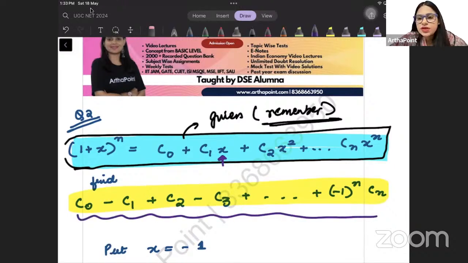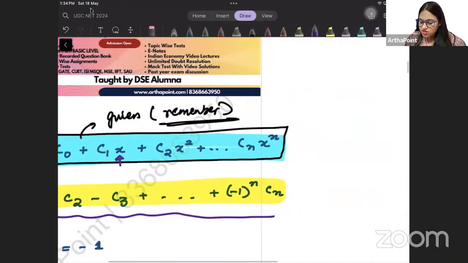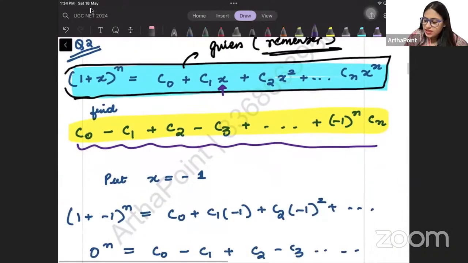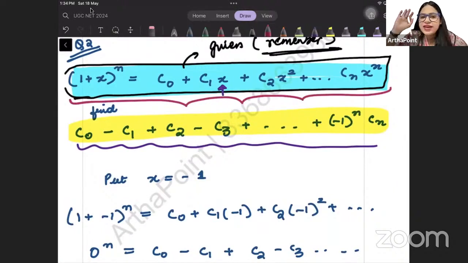So in this equation, I have plugged in x as minus 1. Everywhere, instead of x, I have written minus 1.